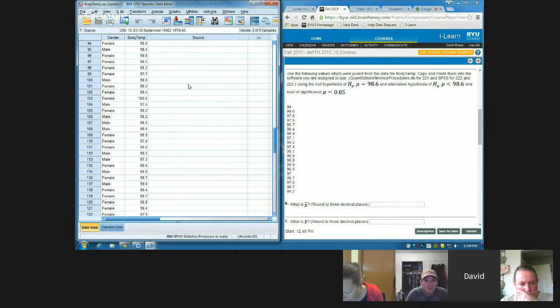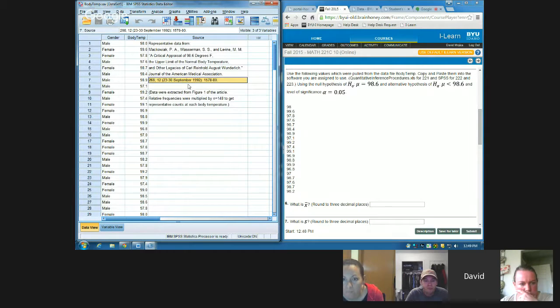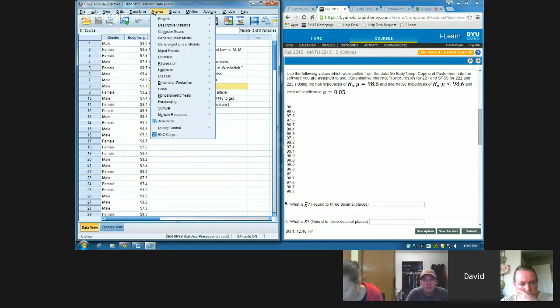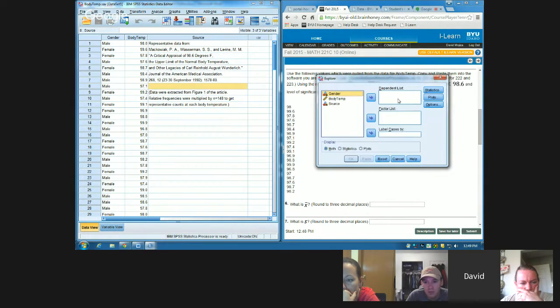Round to the nearest 3 decimal places. So is this where we go to analyze descriptive statistics, or is that for the whole thing? Analyze, descriptive statistics, explore, body temperature.